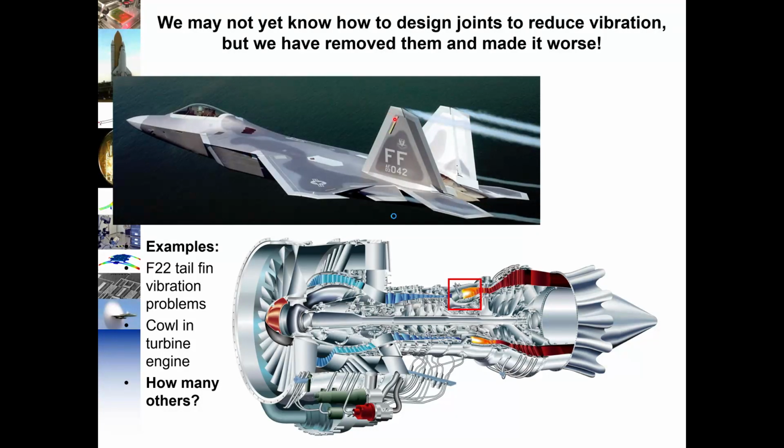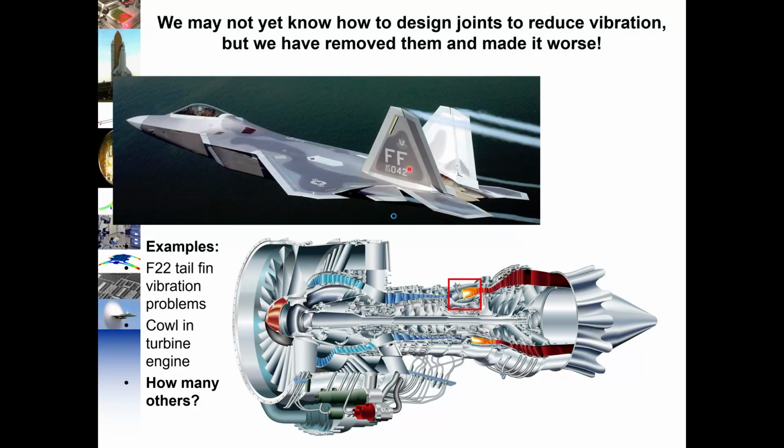But because it was a composite construction, the joints were glued rather than riveted or fastened in the usual way. And so because the joints were taken out of the equation, there was actually lower damping in this structure than there would have been in a conventional tail.